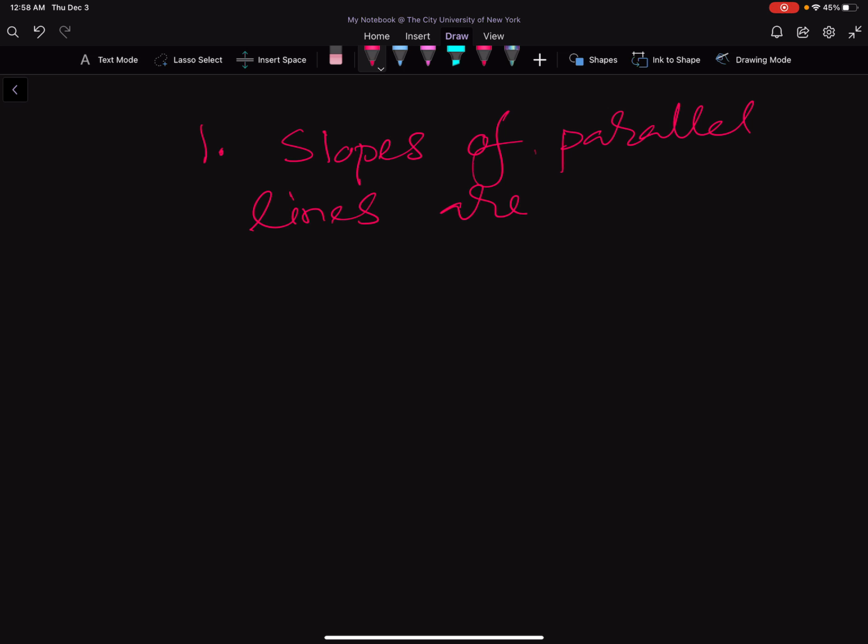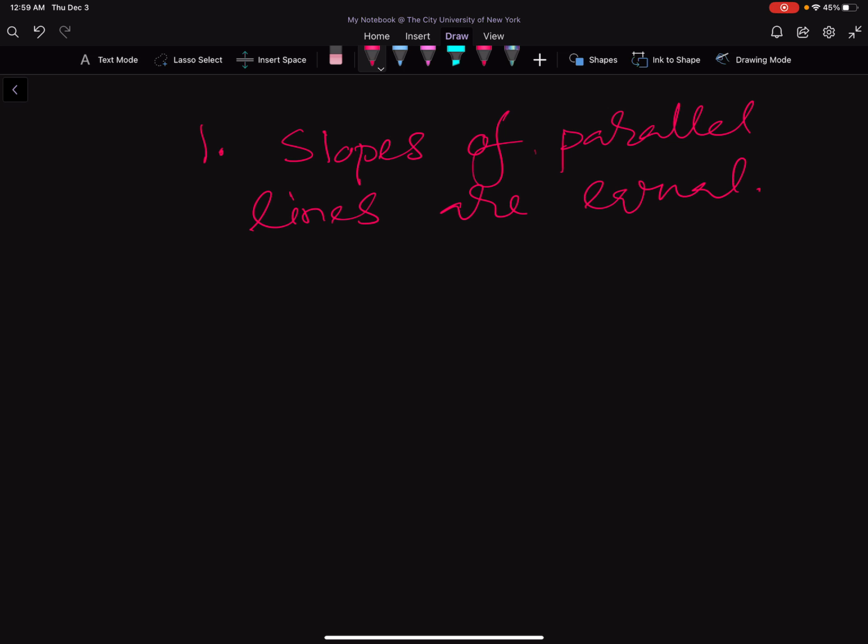So far we have learned, number 1, the slopes of parallel lines are equal.